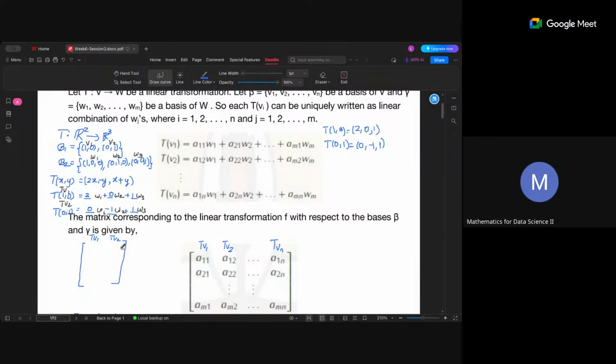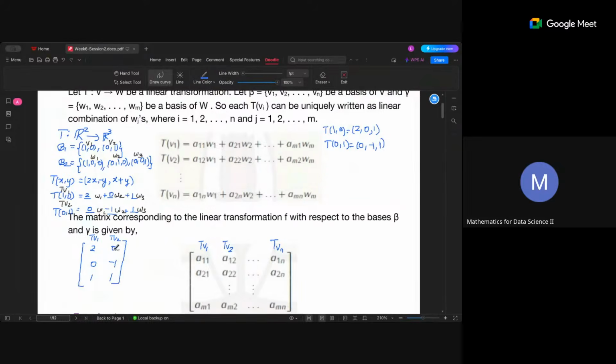Many people, very often I have seen, tend to write 2, 0, 1 as the first row and 0, minus 1, 1 as the second row. That is incorrect. Write TV1 and TV2 on the top, so that you know that TV1's entries should fall below it and TV2's go here.